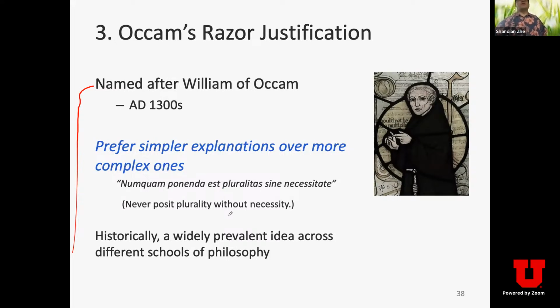So we increase model complexity only when we have to. If we don't have to, don't increase the model complexity. Historically, this is a widely prevalent idea across different schools of philosophy and religion, but now it has been widely applied to engineering and scientific research.